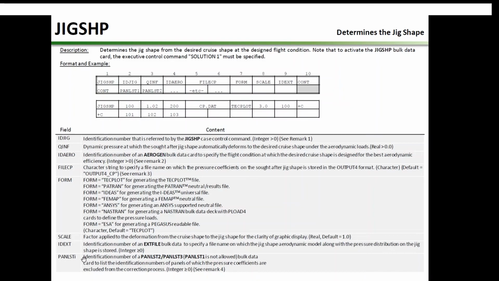And also you can refer to the PANLST2, PANLST3 cards, and the panels in those cards are those whose shape will be excluded from this jig shape analysis.